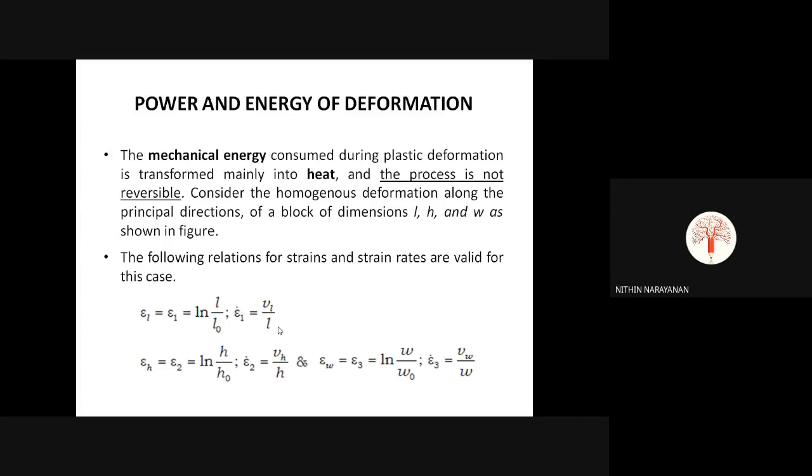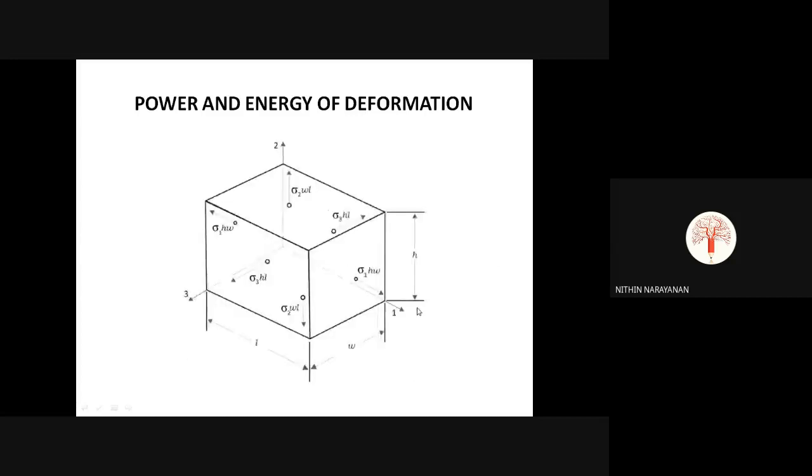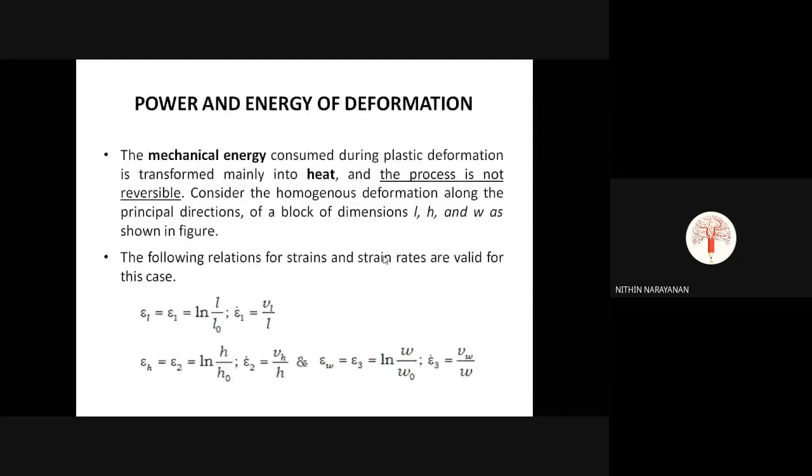So VL by L represents the strain rate in that particular direction 1. Similarly in epsilon 2 dot we will get VH by H, and epsilon 3 dot we will get VW by W. Okay, so this is the block which we have considered, where we are assuming a homogeneous deformation along all the principal directions of the block with the dimensions L, W and H.